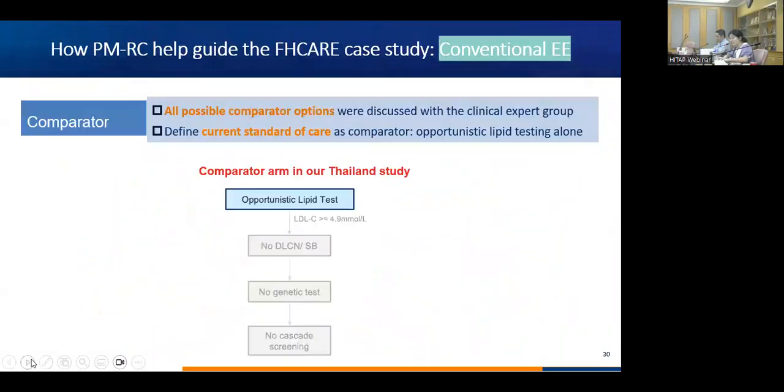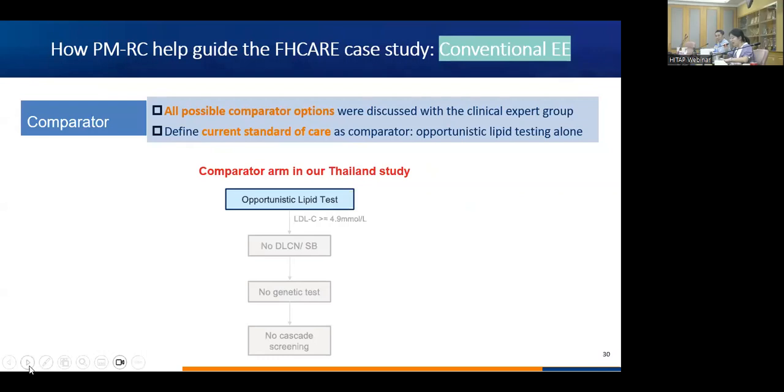Next page. For the comparator arm, all possible comparator options were discussed with the clinical expert group. During this process, Thailand experts commented that the current practice in Thailand is limited FH screening, predominantly through random screening, with the DLCN and cascade screening not commonly practiced in routine clinical settings.